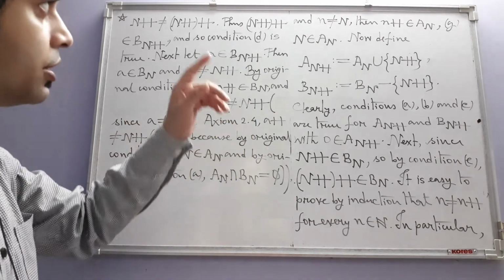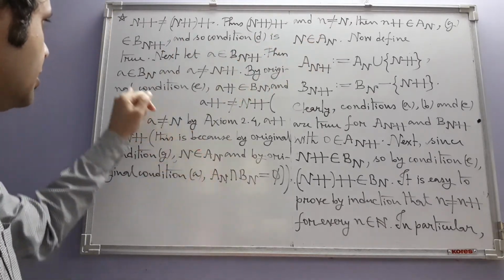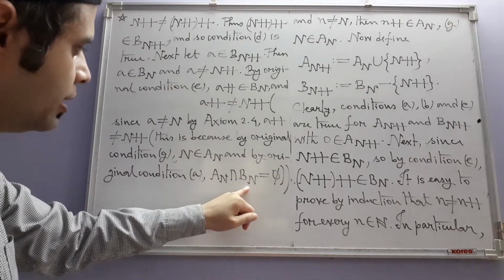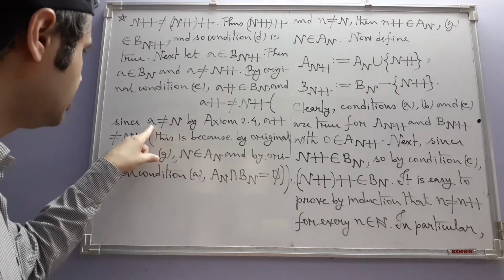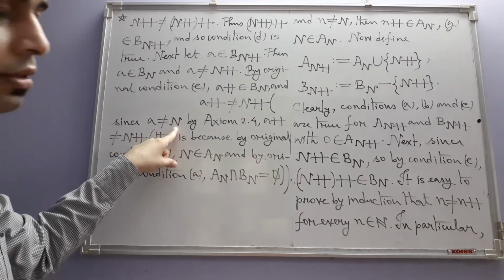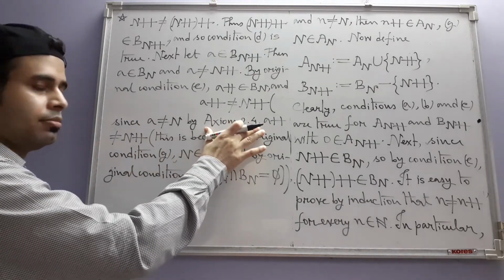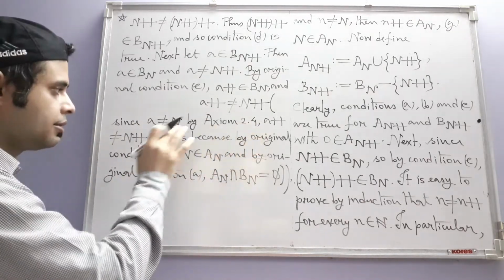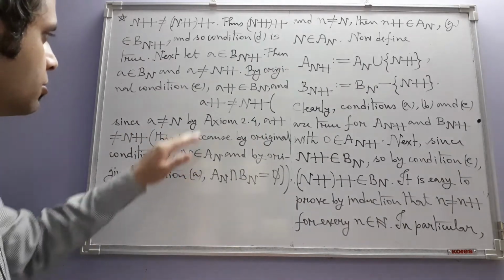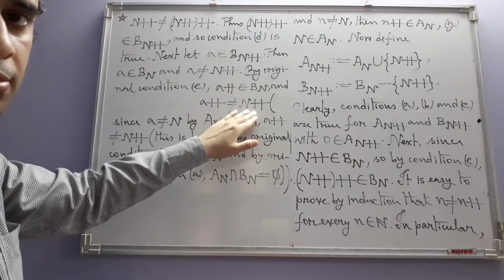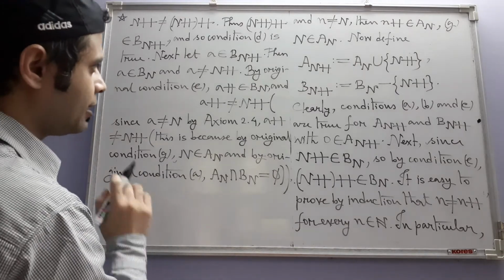By original condition G, n belongs to A_n, and since our a is coming from B_n, and these two are disjoint, a is not equal to n, and that's why by the fourth Peano axiom, which says that different natural numbers have different successors, a plus plus is not equal to n plus plus.